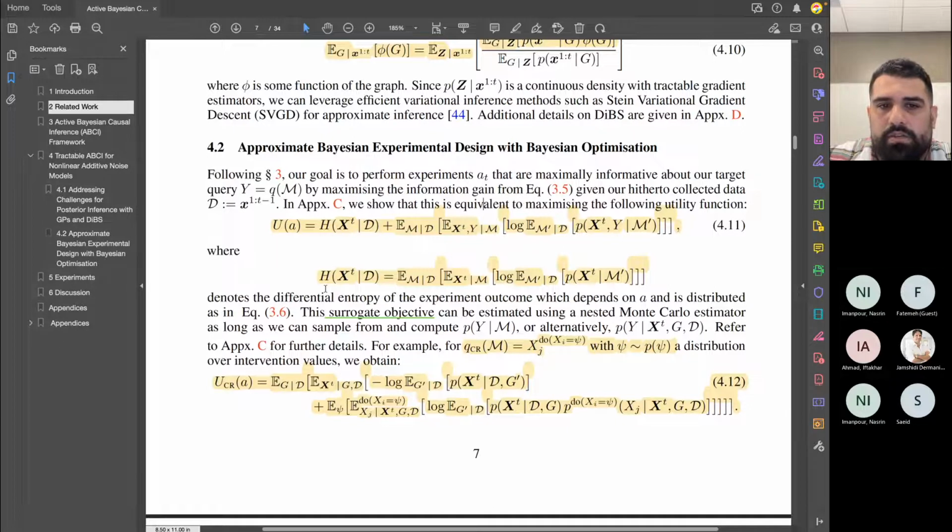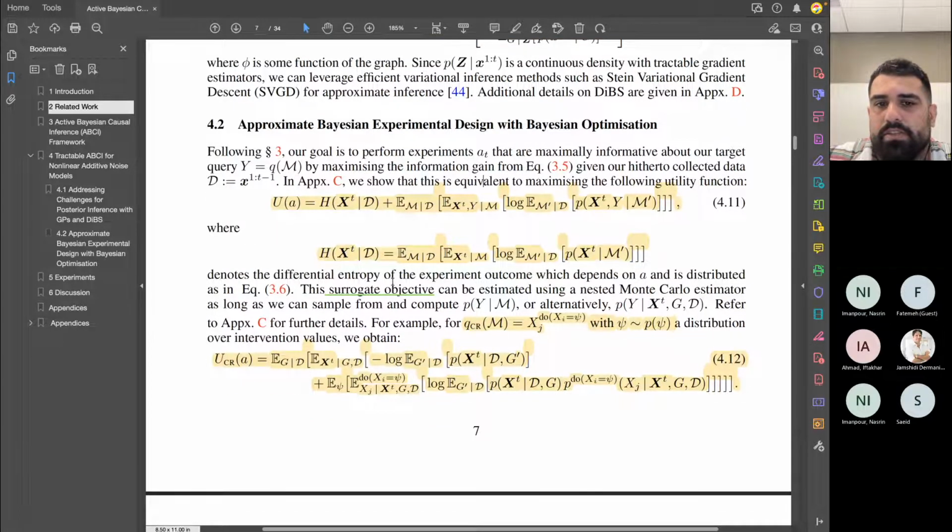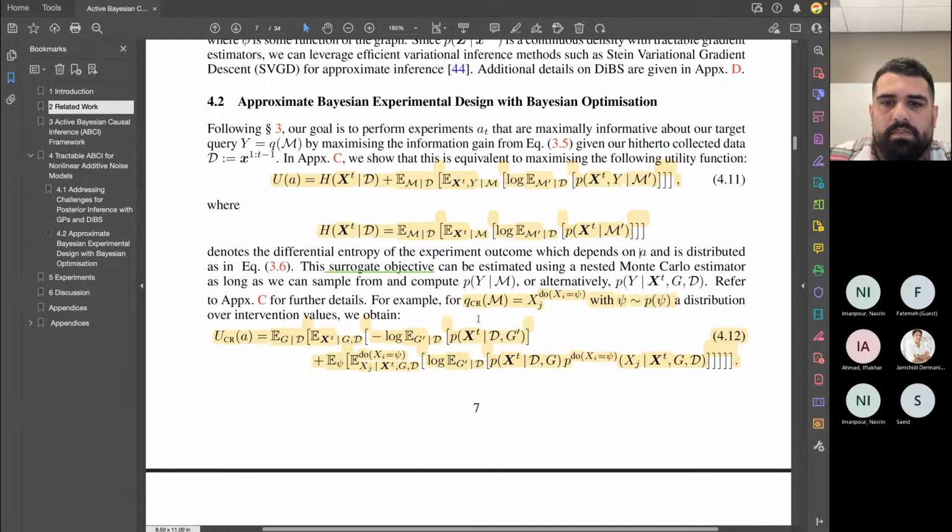And this Hamiltonian shows the differential entropy of the experiment outcome, which depends on intervention A and is distributed as explained in section 3. So this is like a surrogate objective that can be estimated using a nested Monte Carlo estimator, as long as they can sample from the data.